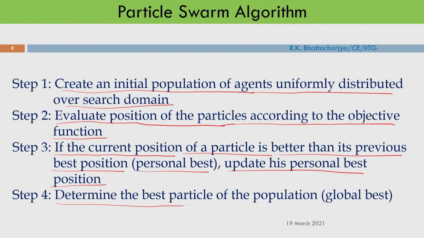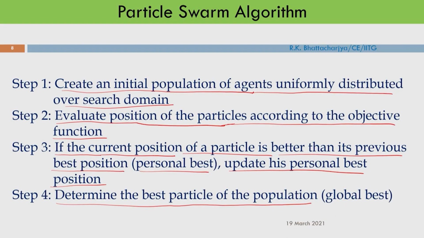Then we will determine the best particle of the population, and we call it the global best. This process will continue until we reach the termination criteria. Once we reach the termination criteria, we will stop the iteration and the final solution will be displayed.